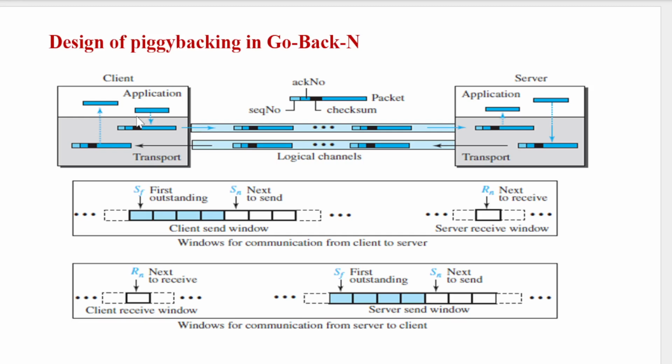In this figure you can see that the sender is sending data along with the checksum, the acknowledgement number and the sequence number. This acknowledgement number will be added to the packet. The client is sending some data, and along with that data, as it is getting data from the server, it is also giving the acknowledgement whether it received the data correctly or not.